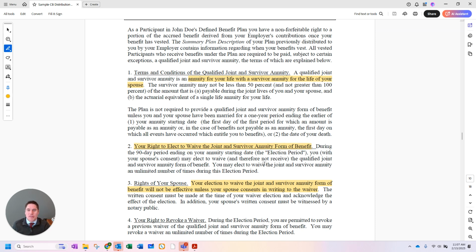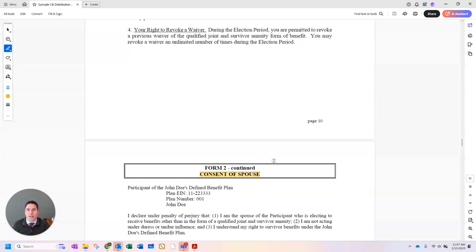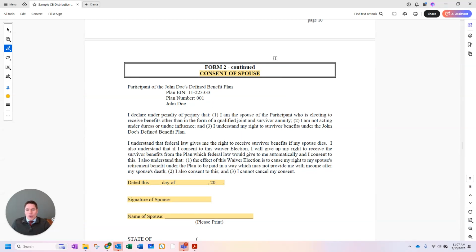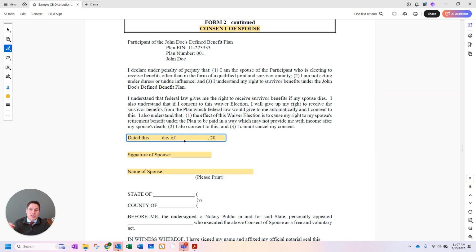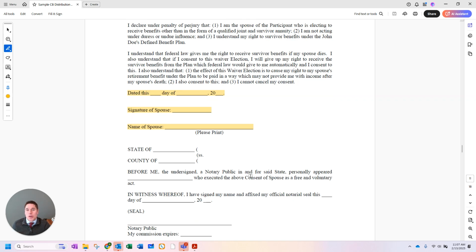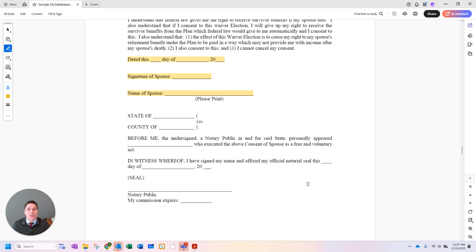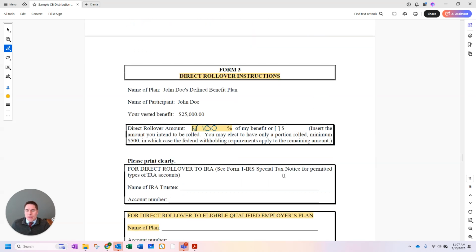That would be a lesser financial decision if you're still working. And right here, this consent of spouse, this is where your spouse needs to date, sign, in the presence of a notary public. So this you need to get notarized. You could easily find a notary at your bank. That's probably the easiest way to do it, is to go into your bank and have them notarize it.